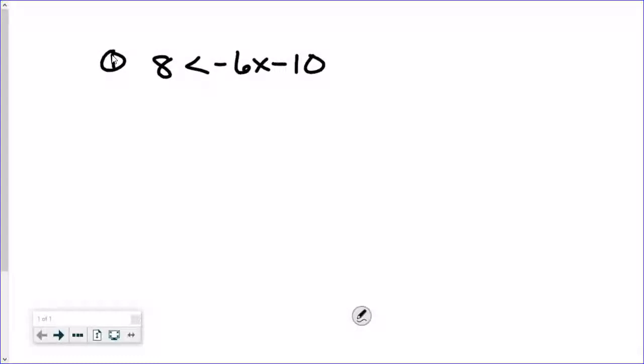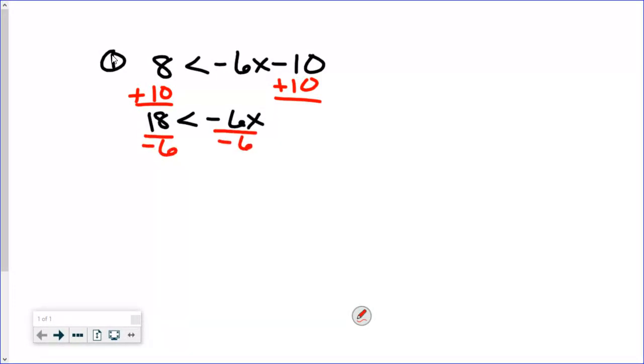So if I say solve that inequality, I would first add 10. Okay, and I would say 18 is less than negative 6x, and then I would divide by negative 6, and I think to myself, I'm dividing by a negative, so you know what happens.